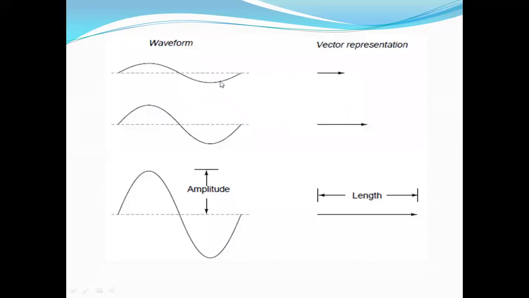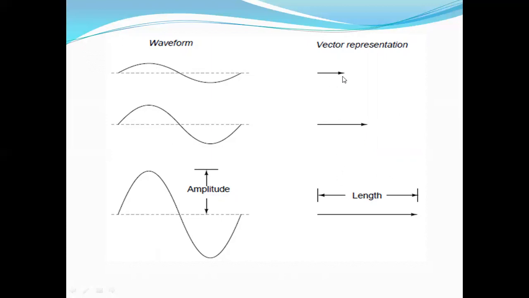Now here different waveforms are shown, and for each waveform the corresponding vector representation, which is my phasor representation, is shown. Compare the maximum magnitude of these three: the first is small, the next is greater than the first, and the third is again greater than the second. So as the amplitude increases, the length of the vector also increases.